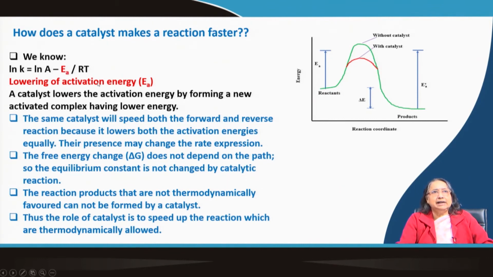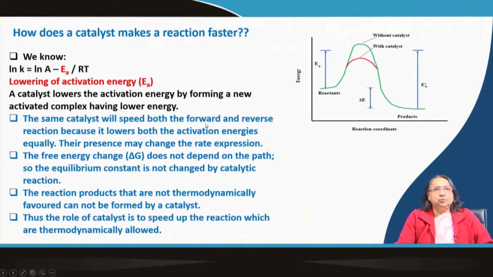Activation energy is lowered when the reaction goes through a catalytic process. The reactant and the product positions remain the same, but without a catalyst it goes this way and with a catalyst it goes this way. So, activation energy is reduced, and so it becomes faster.